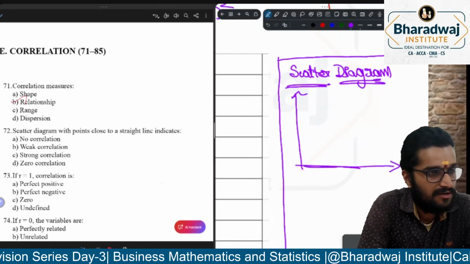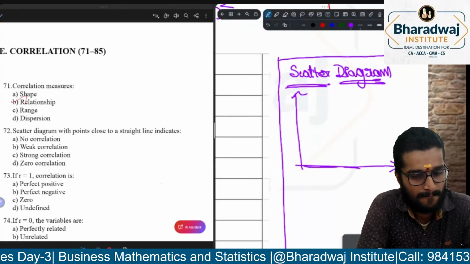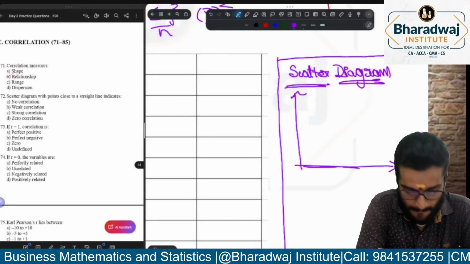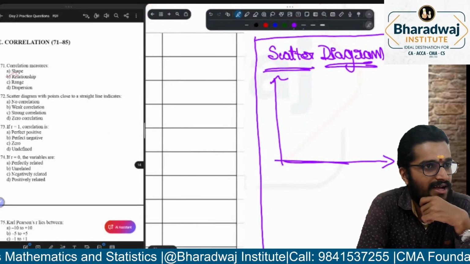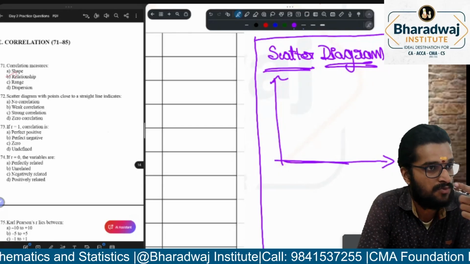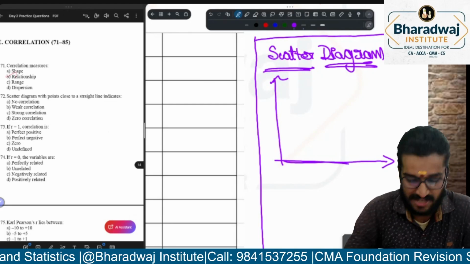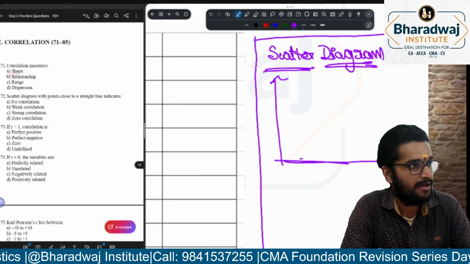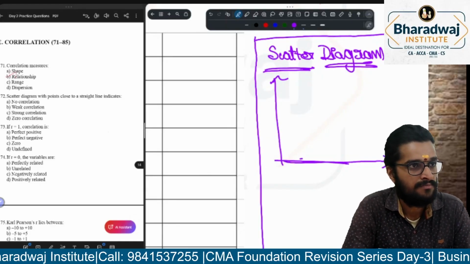For example, if we are considering two variables and I am observing a change in one variable, if there is an increased change, I am plotting it as increased change, and in a corresponding manner, if there is an increase or decrease, I am observing.